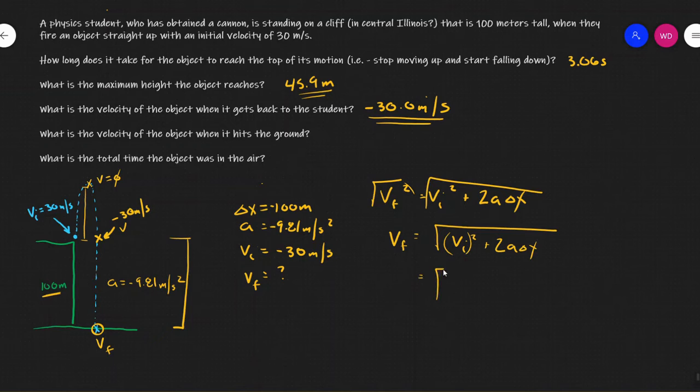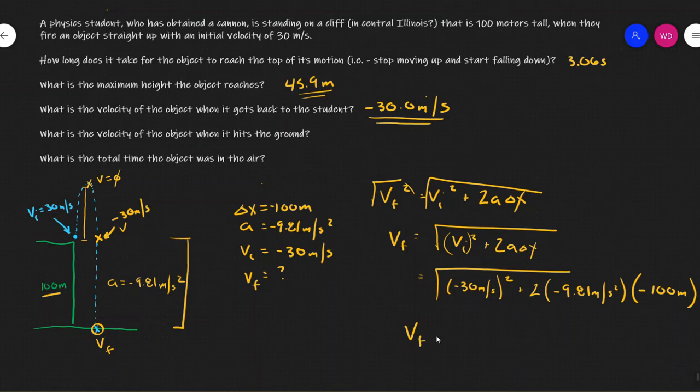If I plug in those numbers, that is going to be minus 30 meters per second, squared, plus 2 times my acceleration, minus 9.81 meters per second squared, and my displacement is 100 meters, in the negative direction. So let's just check my signs here. Negative 30 squared gives me a positive number, and negative 100 times negative 9.81 gives me a positive number. So I should be able to get a square root that works out here.